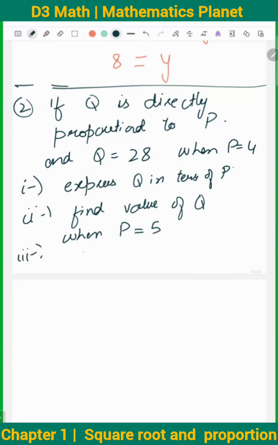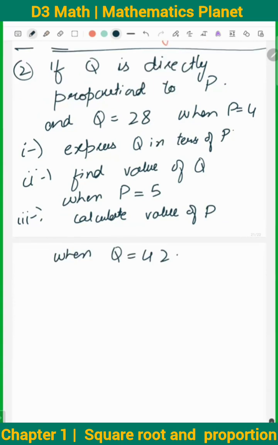Calculate the value of p when q is 42. So these are the 3 parts. You have to complete it in 5 minutes. All of you will complete it on your own and then I will ask.